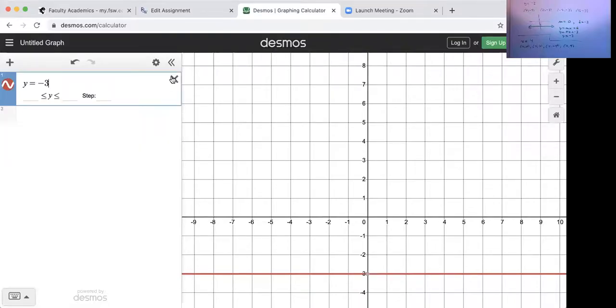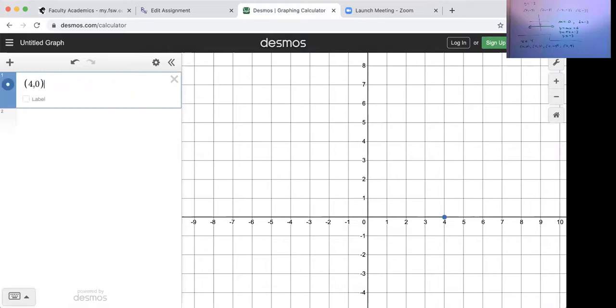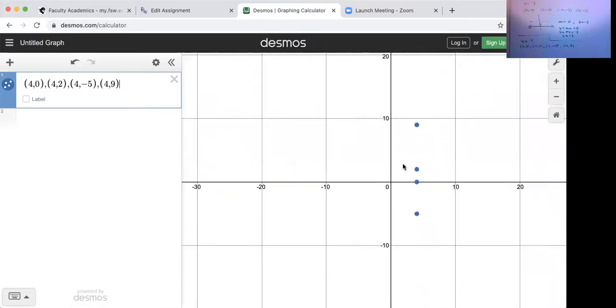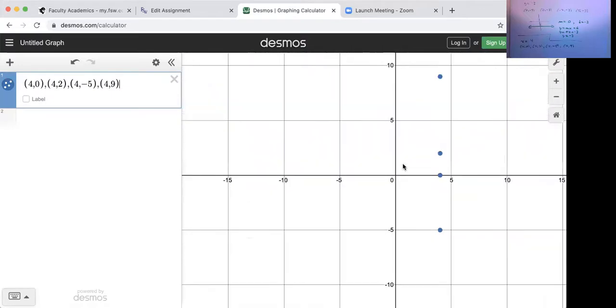If I graph all of those points, (4, 0), (4, 2), (4, -5), and (4, 9), we can see those points all lie on a vertical line.